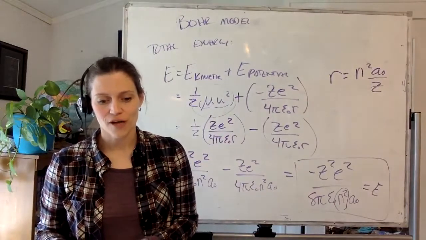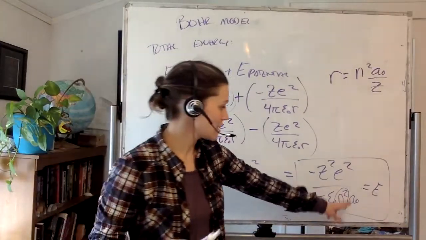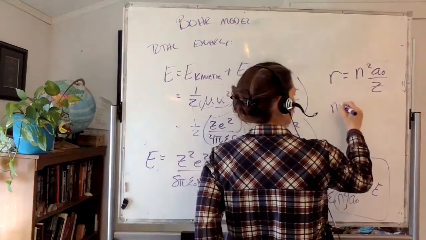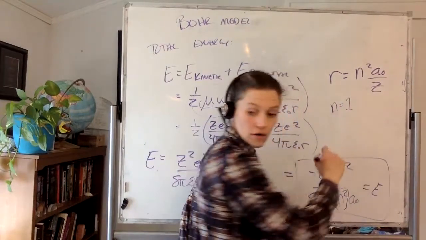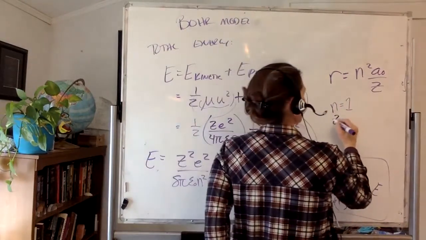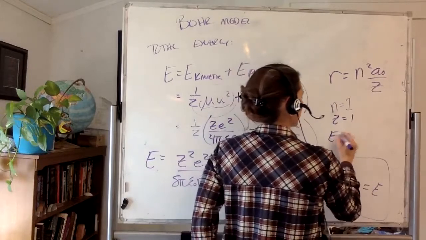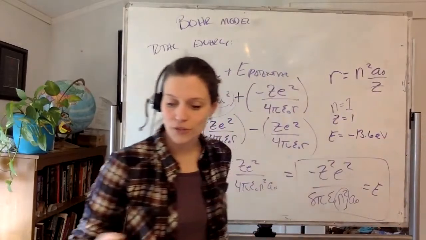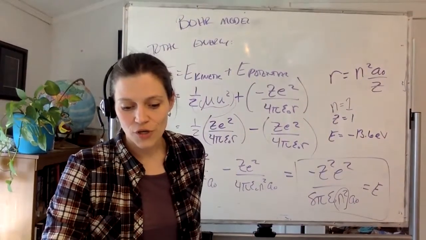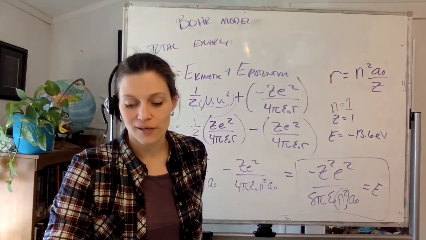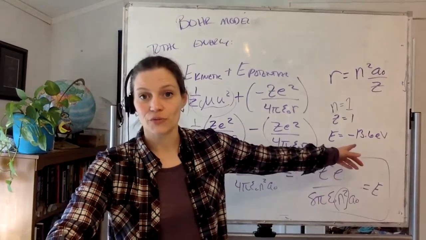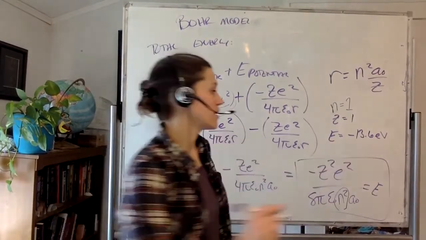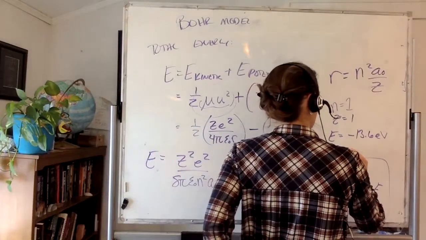So, for example, for the n equals 1 state of the hydrogen atom, with Z equals 1, this energy equals minus 13.6 electron volts, which corresponds to the energy necessary to ionize a hydrogen atom.